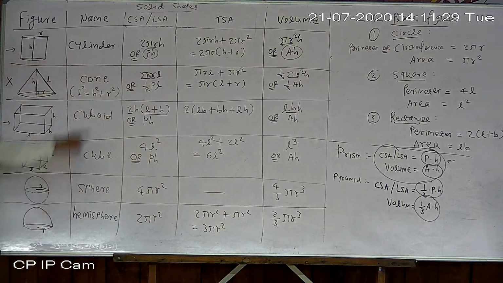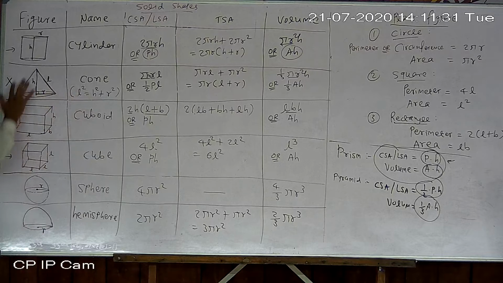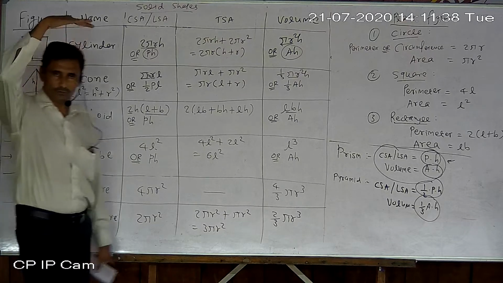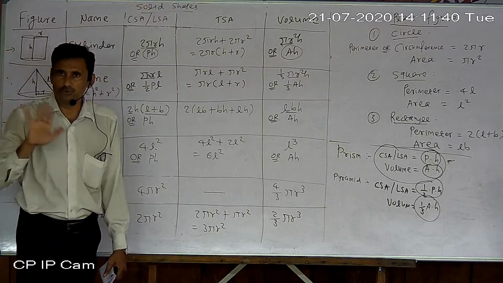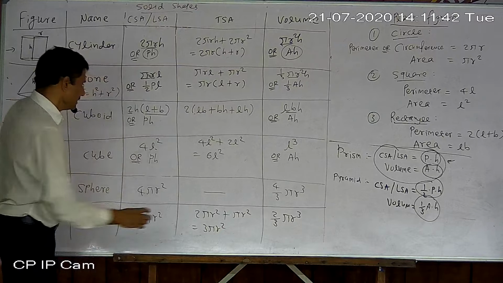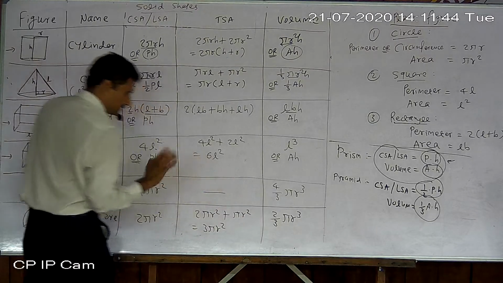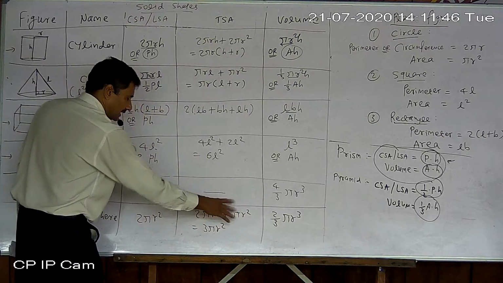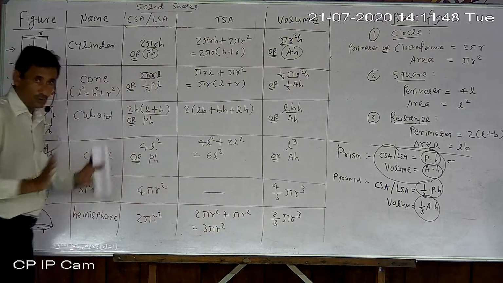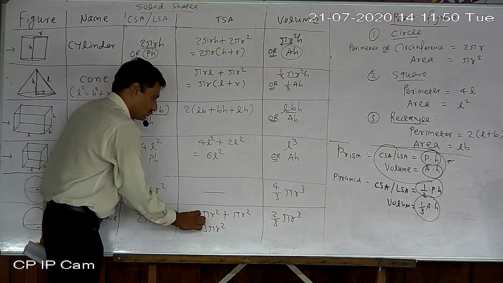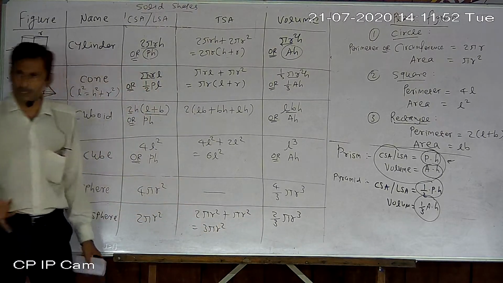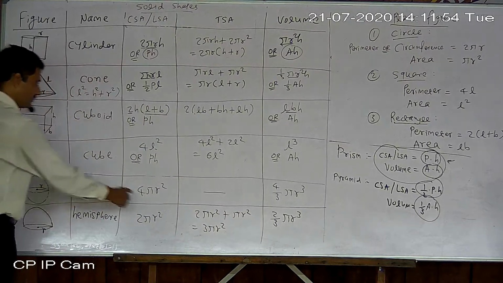Why is pi r square added? Just like the cone. At the bottom one circle is there, here also one circle. At the top no surface is there. So 2 pi r square plus pi r square. They are like terms, so no question of taking common, just add both terms. So 2 pi r square plus pi r square is 3 pi r square. So remember it that way only.